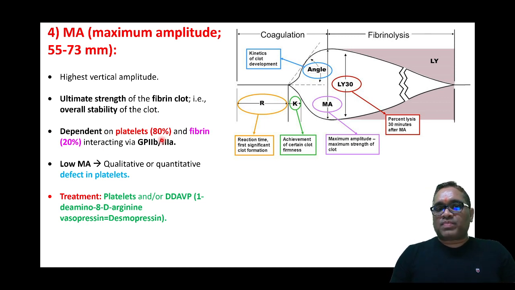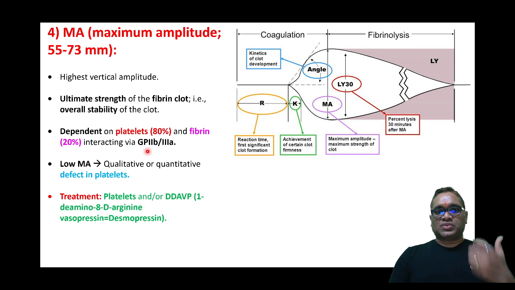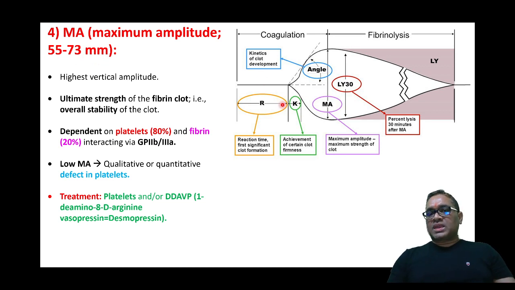So you have to plan for platelet transfusion. That is why I said maximum amplitude is the measurement of platelet interaction with the fibrin, and platelets play 80% of the role, right? And this is 55 to 73 millimeter. K time, you remember, was 20 millimeter. Now maximum amplitude is 55 to 73 millimeter.